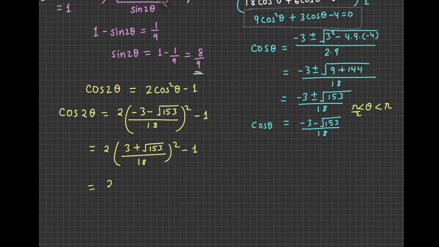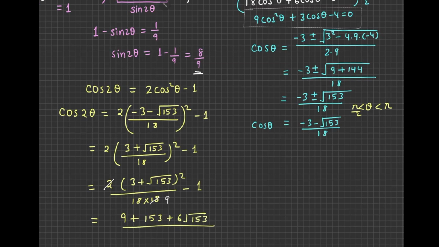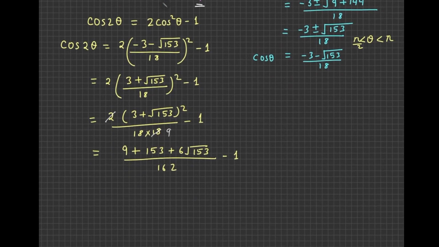Little bit of arithmetic here, and we get 3 plus square root of 153, squared, divided by 18 times 18, minus 1. 2 goes into 18 9 times. Alright, so this was a little bit of arithmetic.